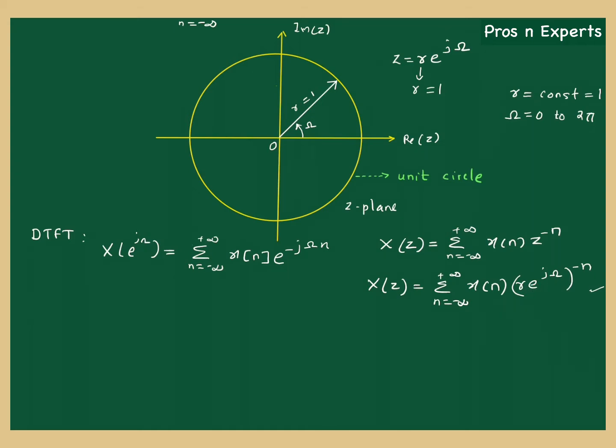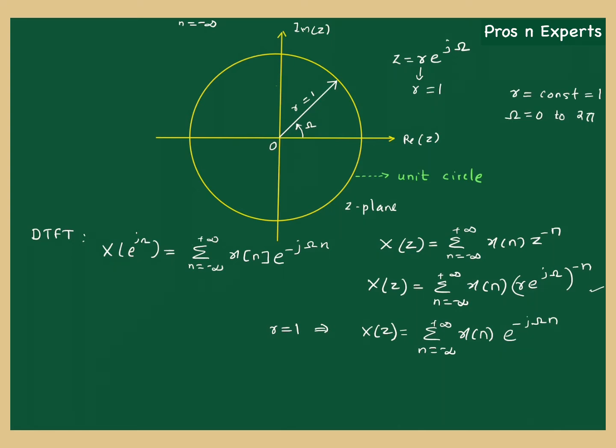Now when I apply r equal to 1, X of z reduces to sigma over n equal to minus infinity to plus infinity x of n into r, which is 1, so 1 raised to minus n into e raised to j omega to the power minus n becomes e raised to minus j omega n.